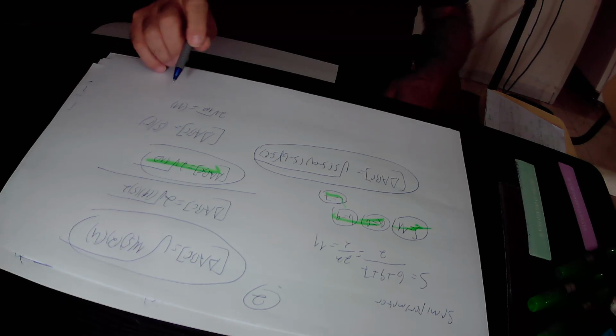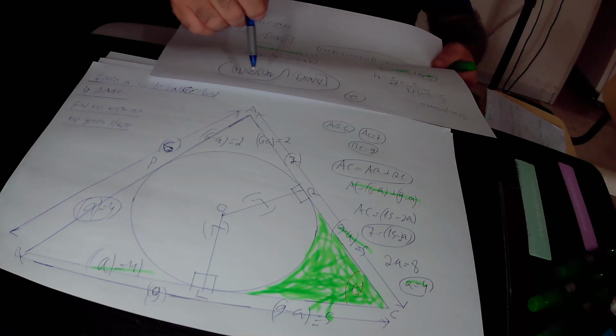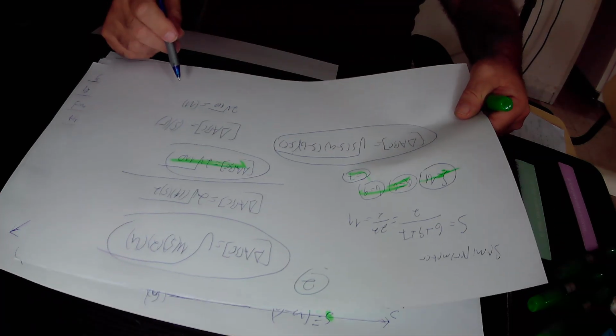times R. The radius R of this circle inscribed in triangle ABC is the missing variable, so we leave it as it is.